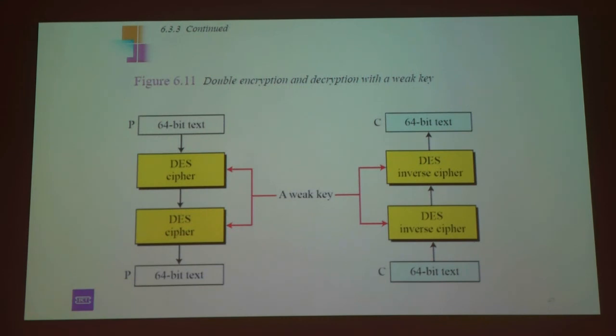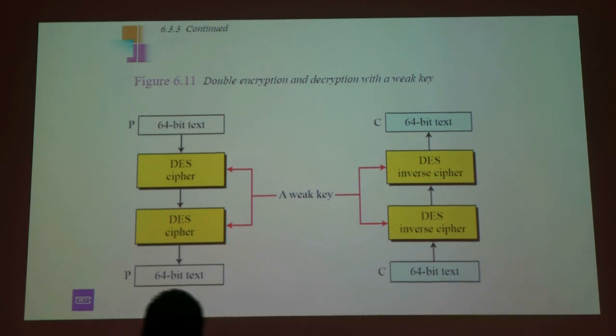Of course, over the years, it's clear to you by now that the longer the key, the stronger the algorithm, at least from the brute force point of view, where you keep trying different keys. So over the years, double encryption and decryption came about because of the weak key problem.